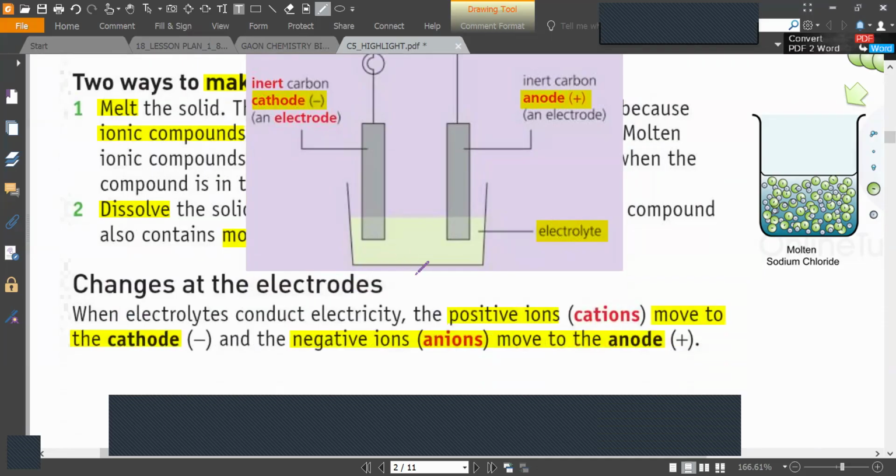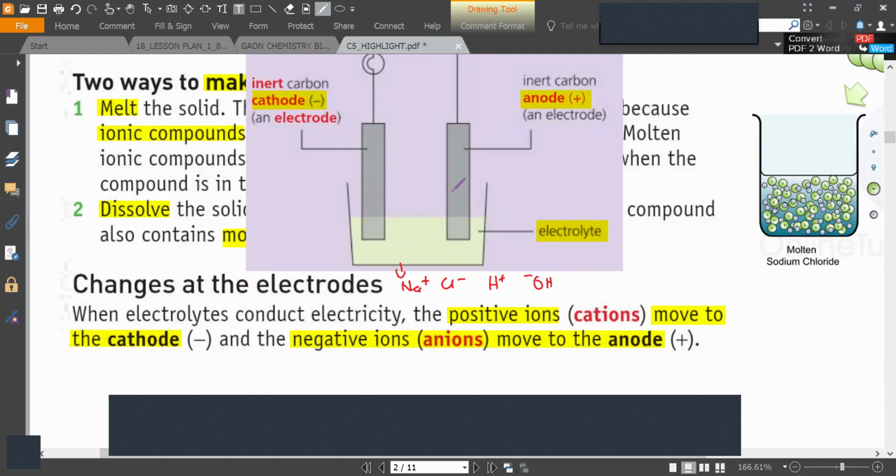Now for example, we have the positive ions and negative ions. Let's say in here we have sodium ion, chloride ion, and let's say this is a solution, so we have hydrogen ions and hydroxide ions.